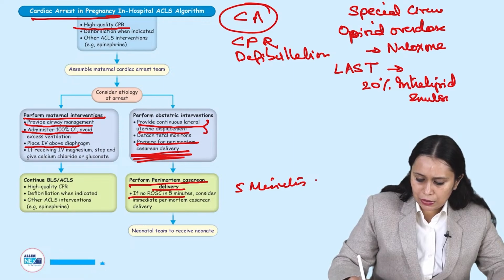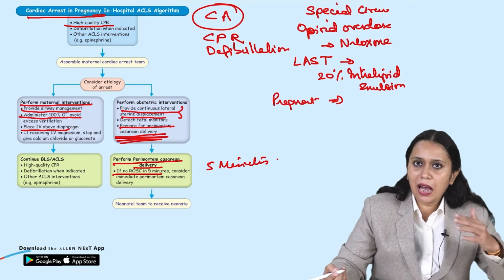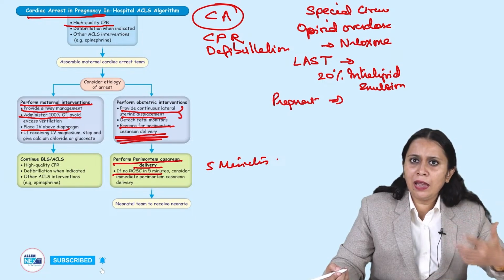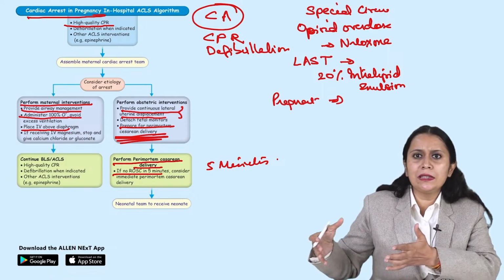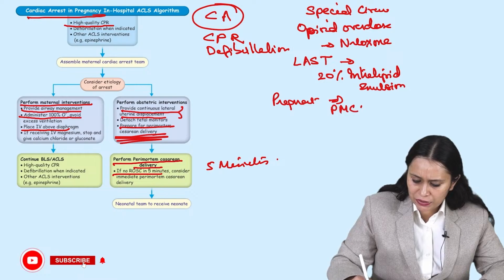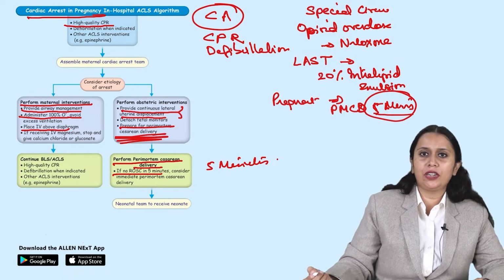In a pregnant lady, apart from normal, a few extra things: IV line above the diaphragm, intubate as soon as possible, do a left lateral uterine displacement continuously during resuscitation, and perimortem cesarean delivery within 5 minutes of arrest if ROSC has not been achieved.